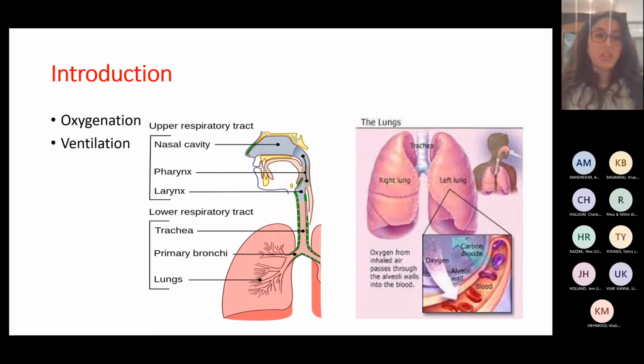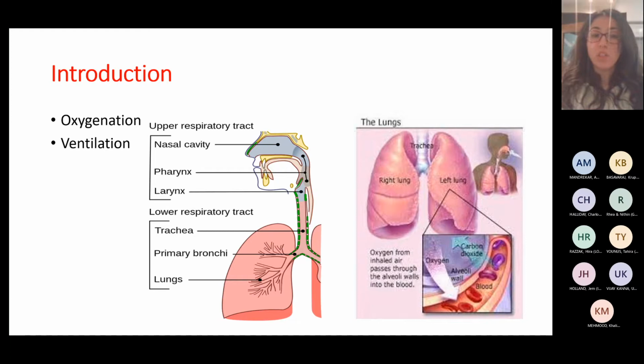As an introduction, as you previously mentioned, I'm going to go through a bit of anatomy. The upper respiratory tract includes the nasal cavity, pharynx, and the larynx, that connects to the lower respiratory tract, which is the trachea, pulmonary bronchi, and the lungs.